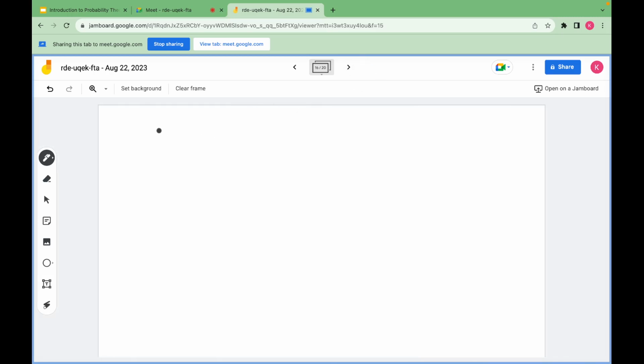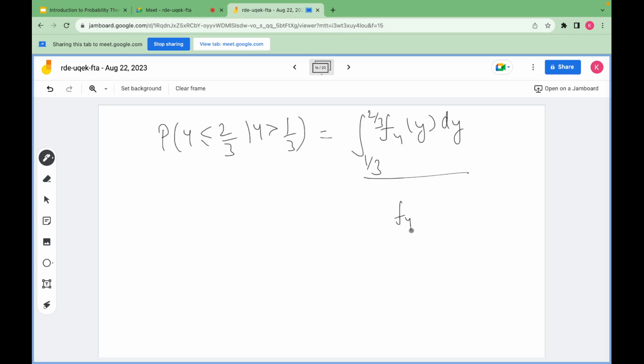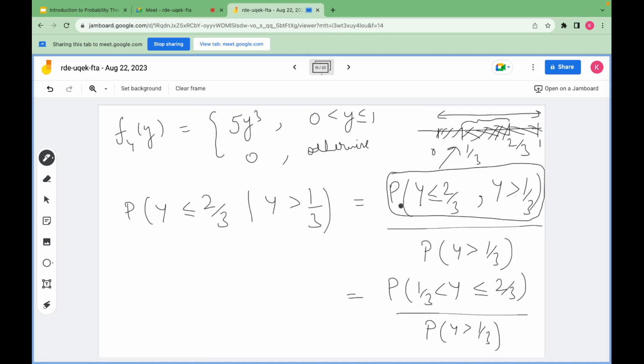So we know the PDF of random variable y. So this probability becomes the integral of fy dy from 1 by 3 to 2 by 3, divided by the probability, integrating this density from 1 by 3 up to 1, because it is saying that y should be greater than 1 by 3 and the limits of y are from 0 to 1.